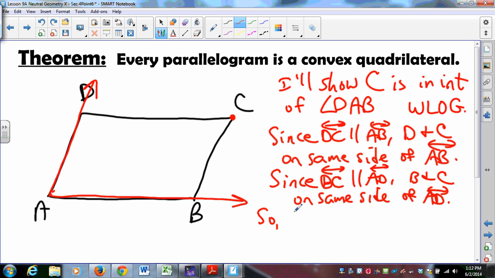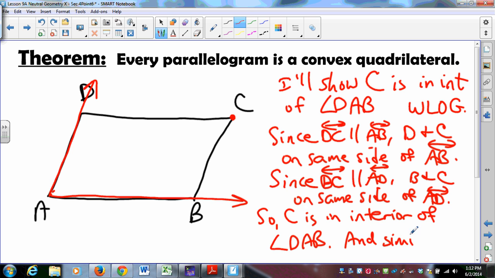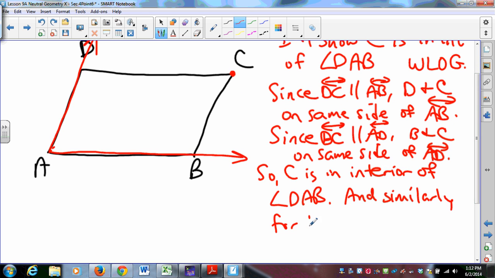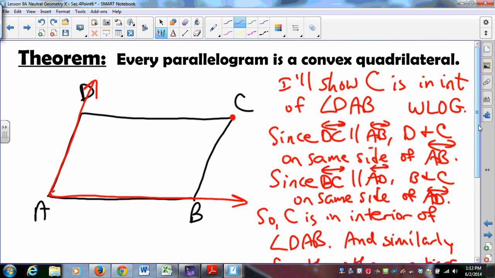So C is in the interior of angle DAB, and similarly for the others. It's a simple argument to make. Every parallelogram is convex. Not hard at all.